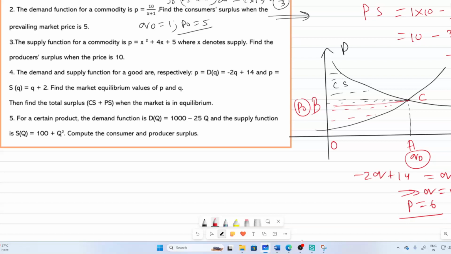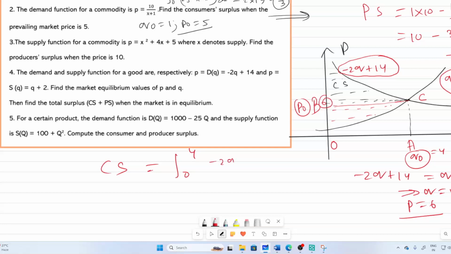So consumer surplus, this part we are going to find. Another thing we will do, we will write the demand function here on this side, and here we will write the supply function Q plus 2. So your integration will be easier. When you are going to find this consumer surplus, that will be given by CS equal to, this you got 4, this Q0 equal to 4 you got, this you got 6. So you integrate which function?